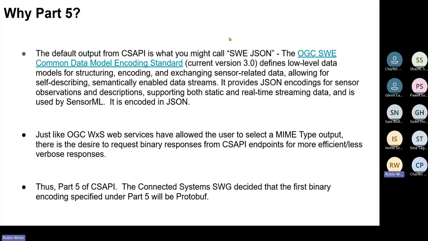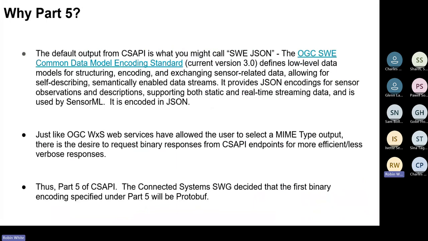It is basically taking the SWE JSON-like data model and replacing that JSON-encoded SWE standard with binary outputs. What that allows you to do is primarily focused on at-scale, production-level systems.